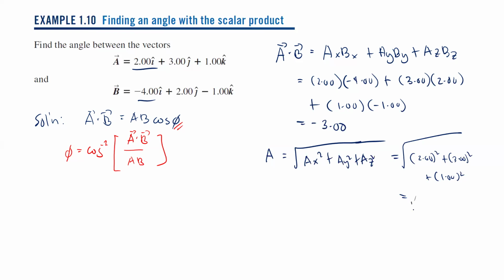So we have here the square root of 14. Okay. So for B, the square root of negative 4 squared plus negative 2.00 squared plus negative 1.00 squared. Square root of 4 squared plus 2 squared plus 1 squared. So square root of 21.